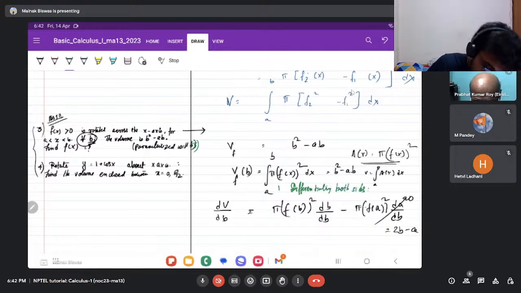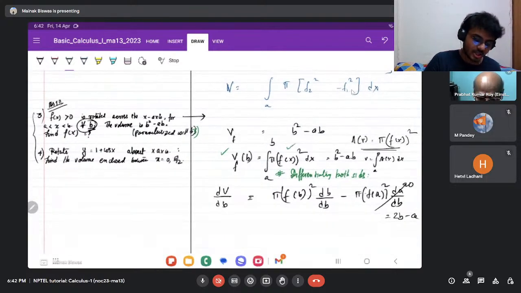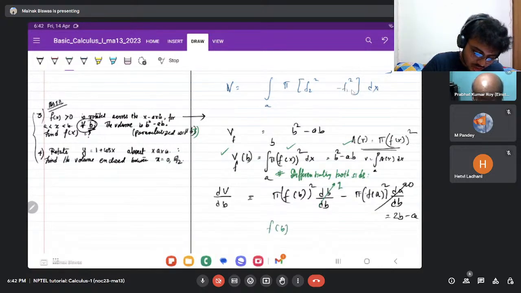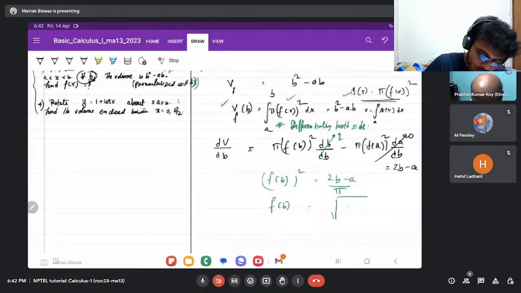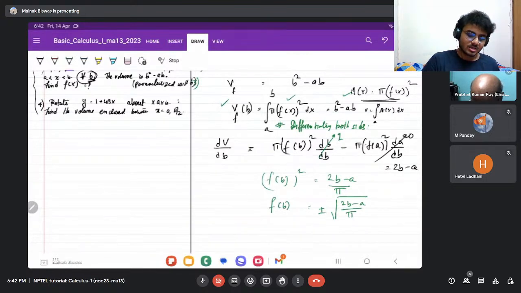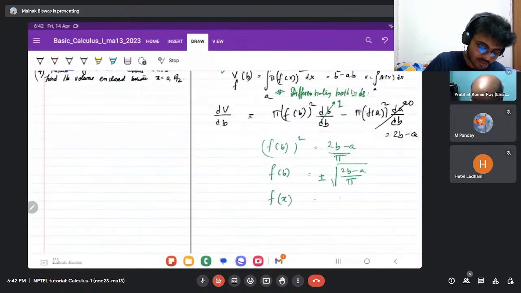Understood? I differentiated throughout these three equations with respect to b. So now you will be left with db/db, which is 1, so pi f of b squared is equal to 2b minus a. So f of b squared is (2b minus a) by pi. So f of b is plus or minus the root of (2b minus a) by pi. So b is just a dummy, you can replace it with x.